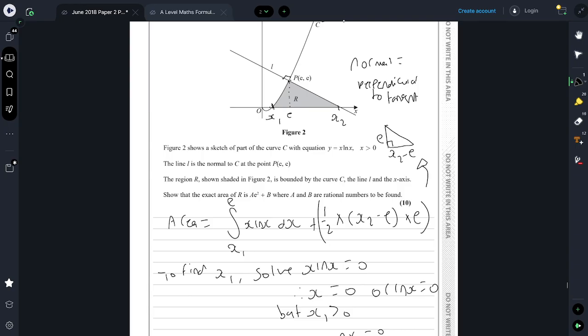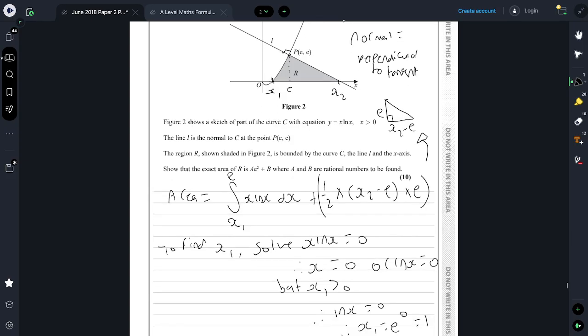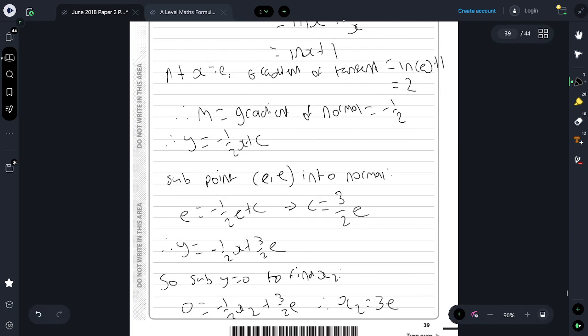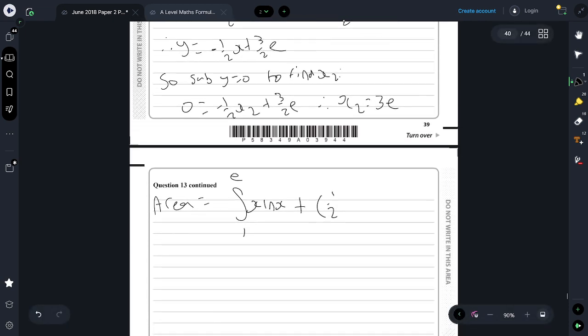And then this next bit, it's a triangle, right? Formed by the line, the normal. And that is a half times x2 minus e times e. So it's a half times x2 minus e times, well, x2 is 3e, so 3e minus e, times e.